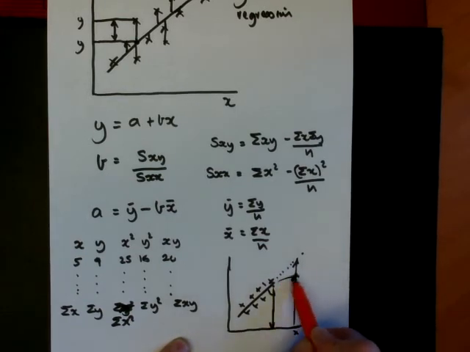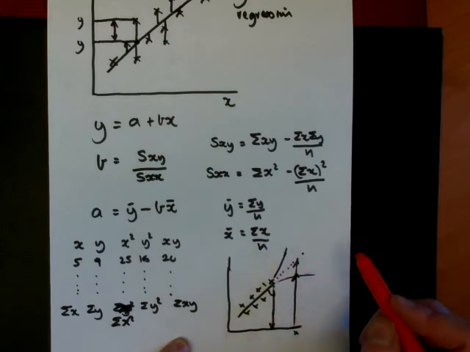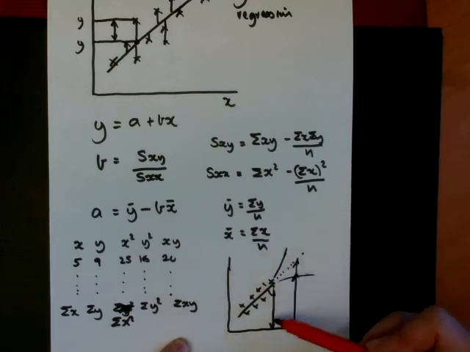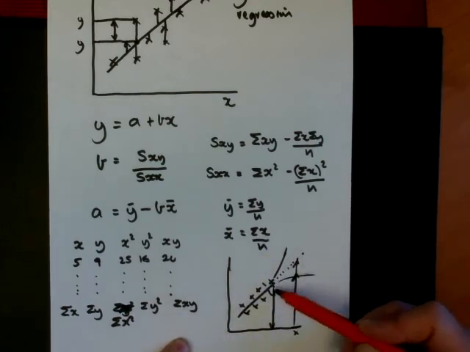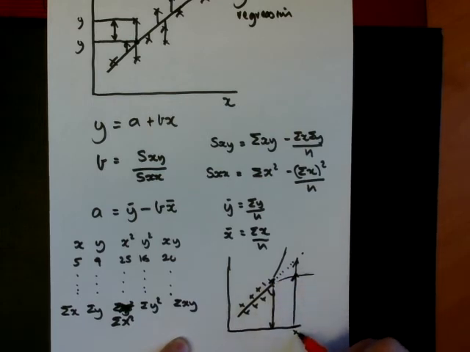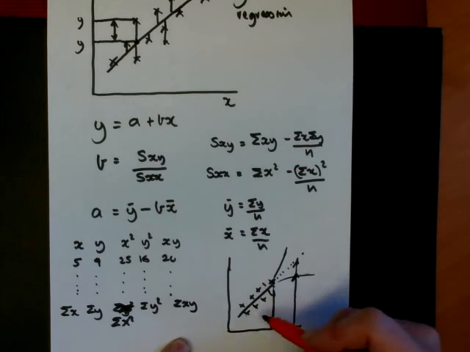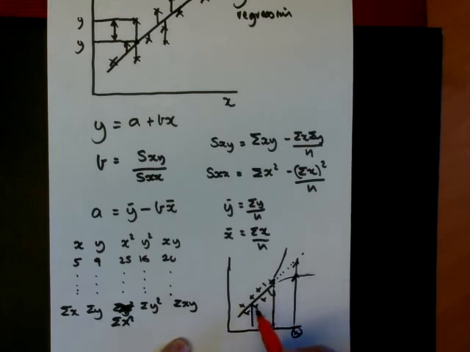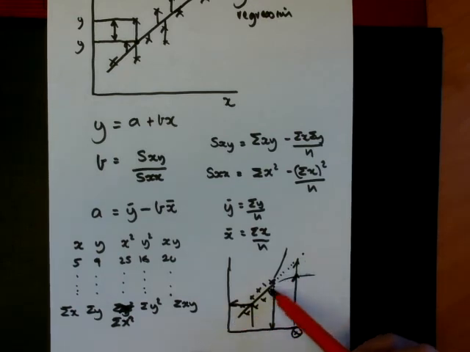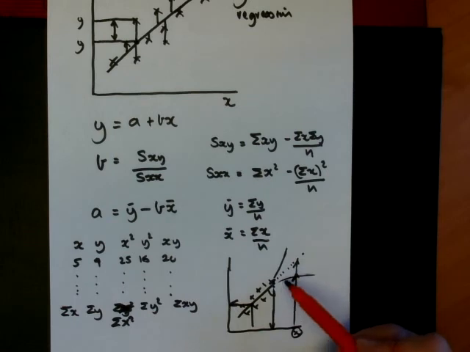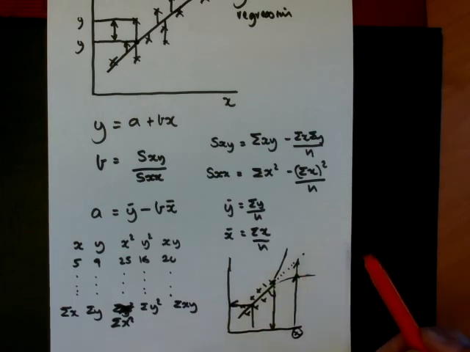It's quite possible that it could go this way, or that way. As we have no knowledge of how the data set behaves beyond this value, we cannot make a prediction for this value here. Whereas within the data set itself, it's quite reliable to make the prediction in that way. So interpolation, inside the line, no problem. Extrapolation, beyond the data set, we're not allowed to do that.